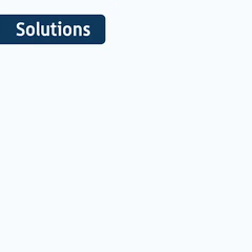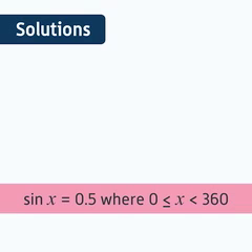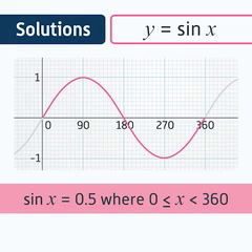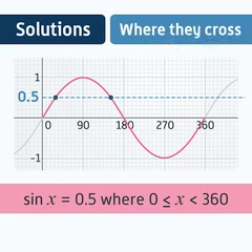We can also find solutions of each of the graphs. For example, if we wanted to find the solutions of sine x equals 0.5, we simply draw the graph of y equals sine x and draw a horizontal line from y equals 0.5, since this is the part that has been replaced in the equation. Our solutions are where the graph crosses the line.